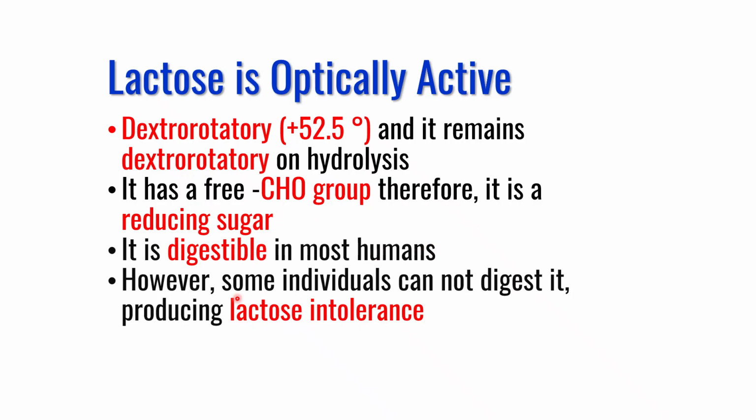This can be digested by most humans. However, some individuals cannot digest it, producing a condition known as lactose intolerance, which is associated with osmotic diarrhea, bloating, nausea, vomiting, and inflammation in the GI tract.